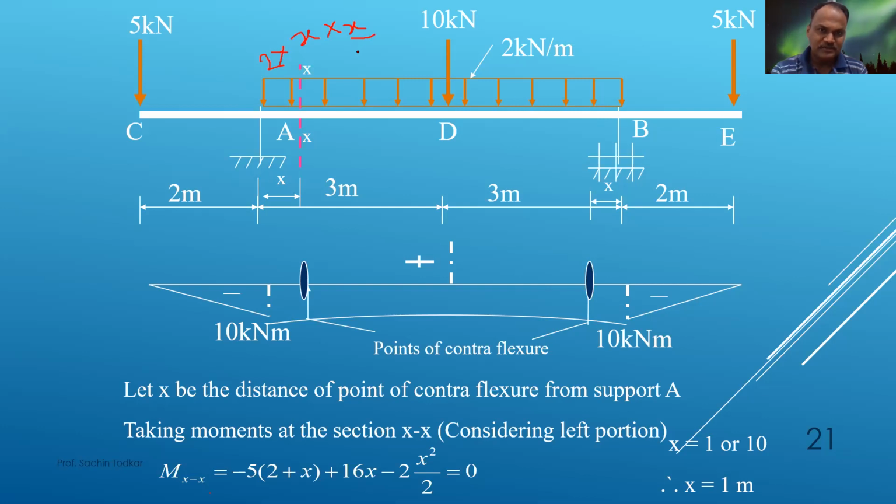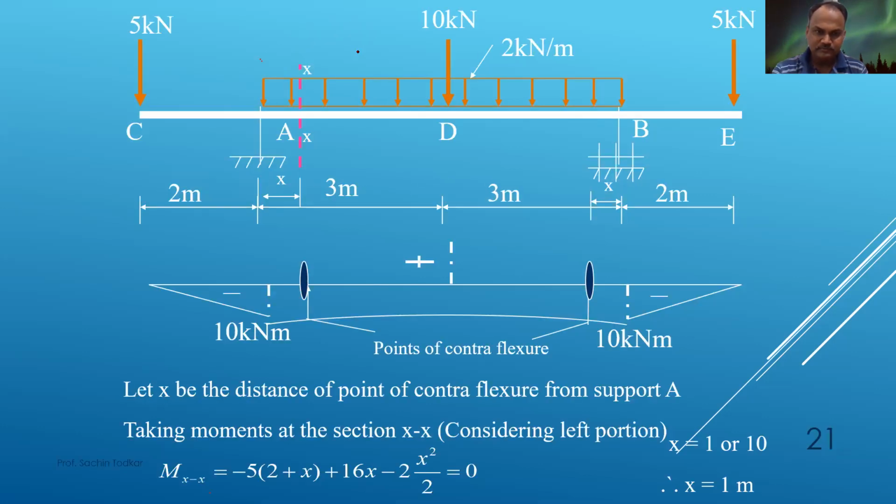So we get it as 2 into x divided by 2, that will come into picture, and it is equal to 0.